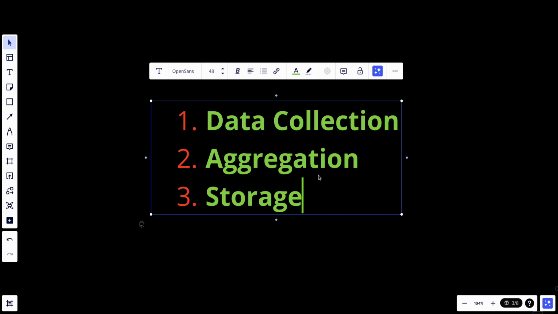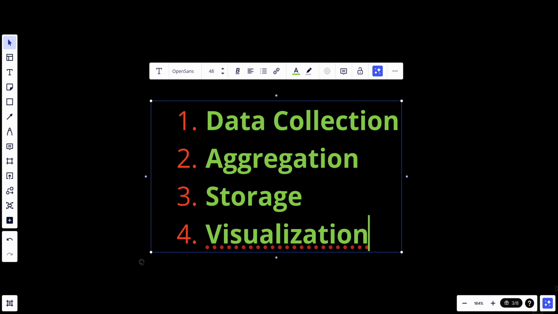And number four, which is the visualization. Metrics data is often visualized on dashboards, charts, and graphs, allowing operators and administrators to monitor the system's behavior in real time and over a longer period.